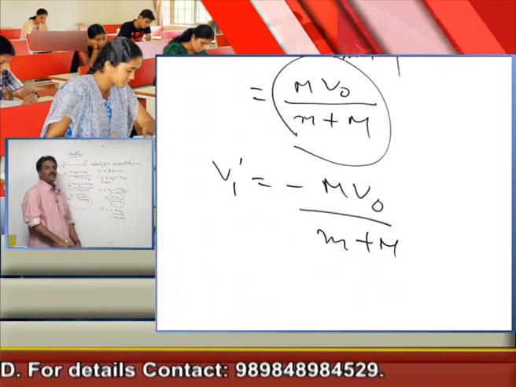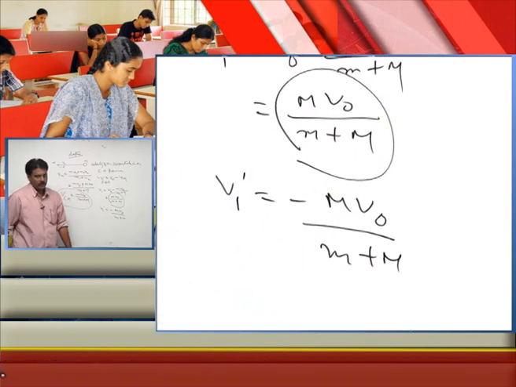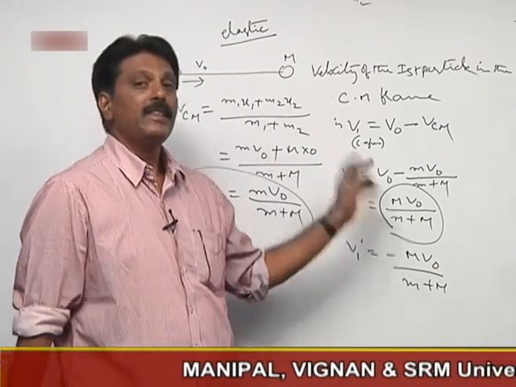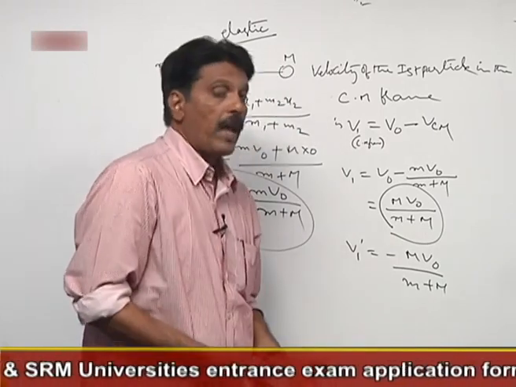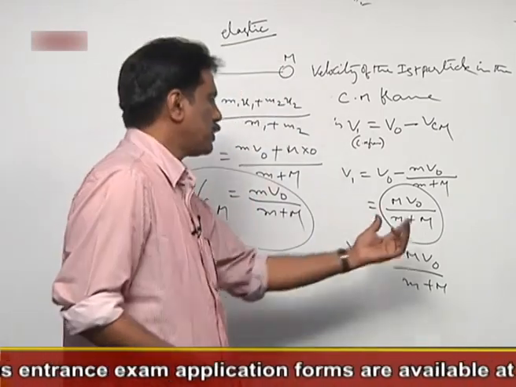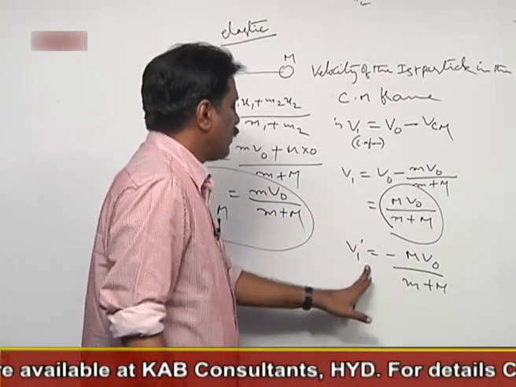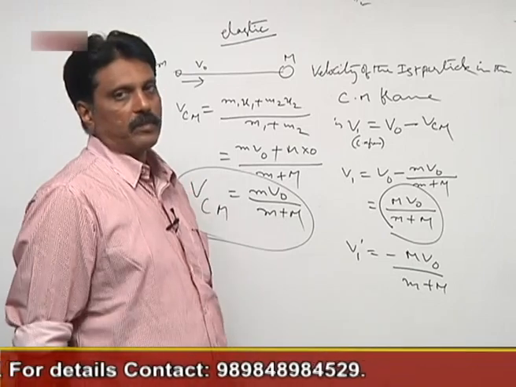Before collision, this is the velocity of the first particle in the CM frame. After collision, speed will not change, this magnitude will remain same, only direction gets negated. That means v1 dash is equal to minus of this in the CM frame.